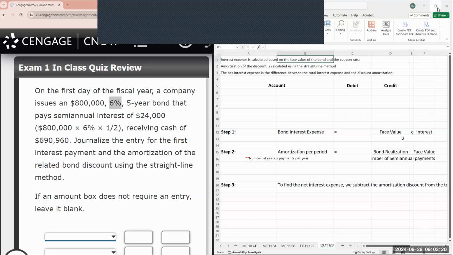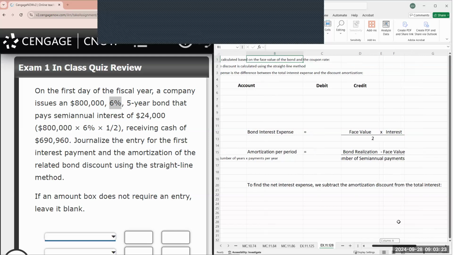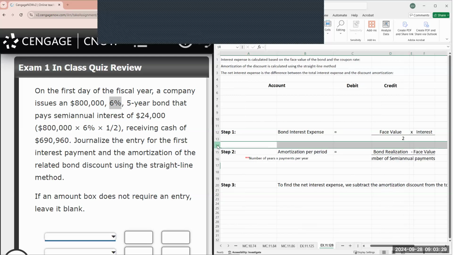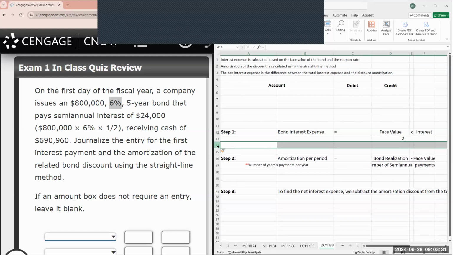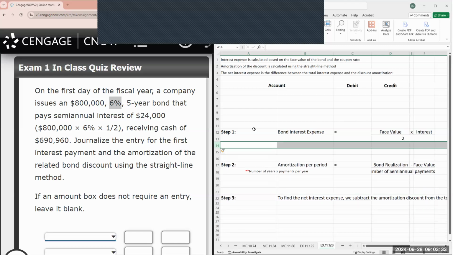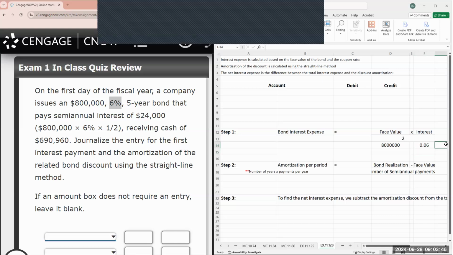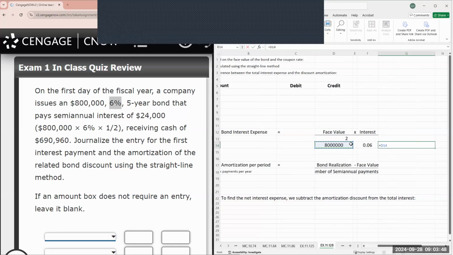Okay, so the face value, which in this case is $800,000, times the interest, which is 6%, as the problem lets us know. So therefore, total interest for the year is 800,000 multiplied by 6%.